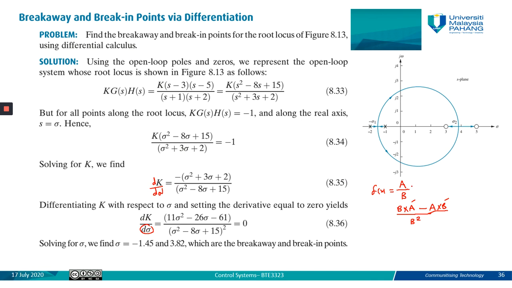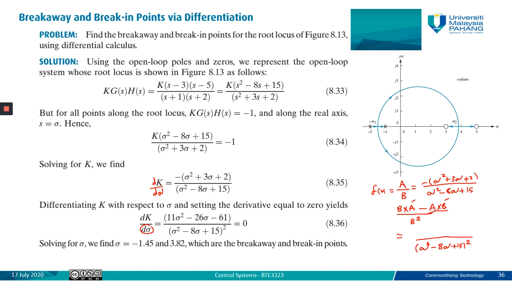The value of a is negative sigma square plus 3 sigma plus 2, and the value of b is sigma square minus 8 sigma plus 15. Applying the formula, b square means the square of sigma square minus 8 sigma plus 15.